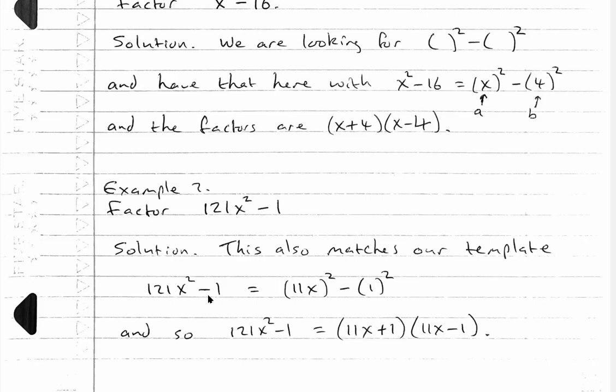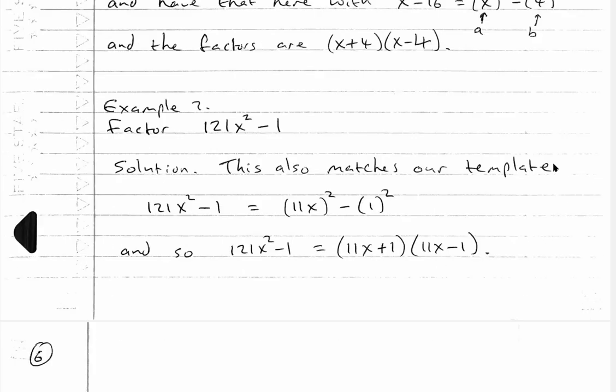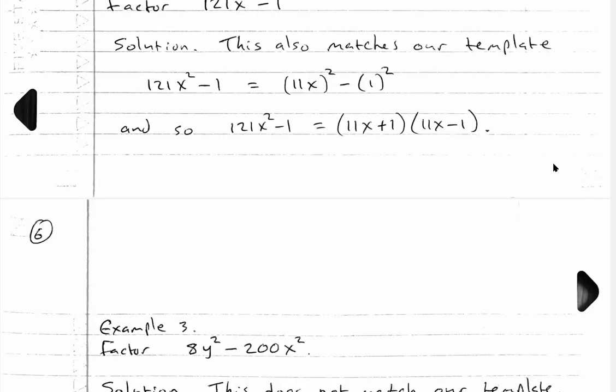So rewriting this as a difference of squares, it's 11x squared minus 1 squared. And so here a is 11x, b is 1. So for the factors, we need the sum times the difference. Once you see a few of these, it's quite straightforward.